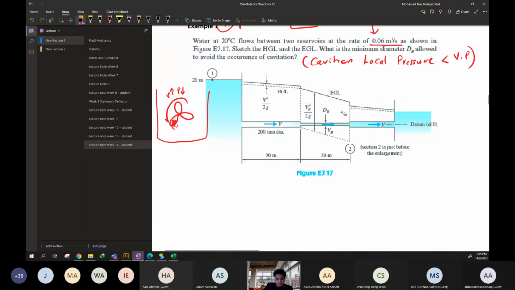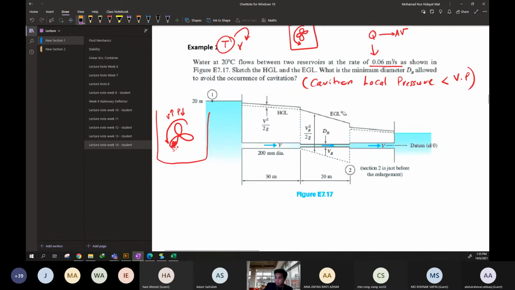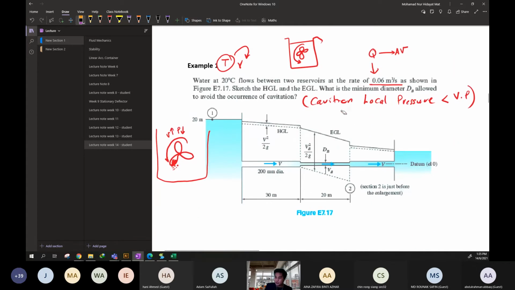Okay, after we have understood the energy grade line, please make sure you know how to draw the hydraulic grade line as a dotted line and label it. Please make sure you label, and then make an arrow like this and this arrow. Don't simply make it carelessly.